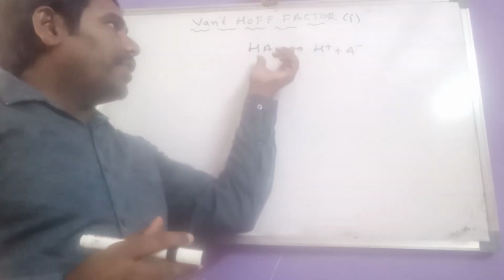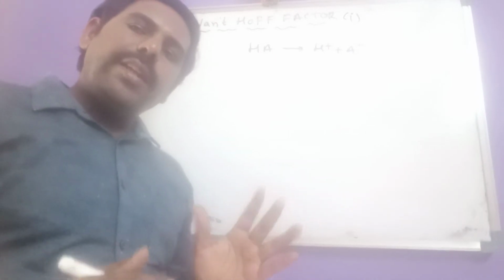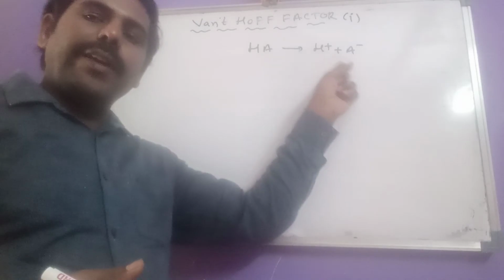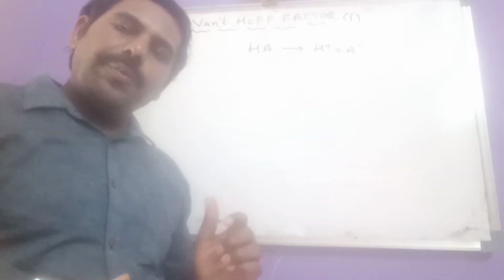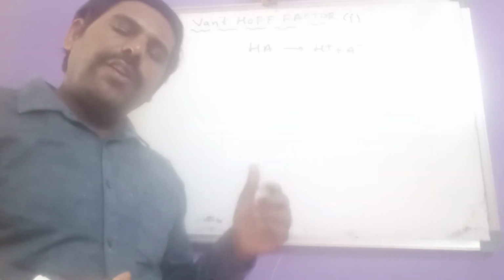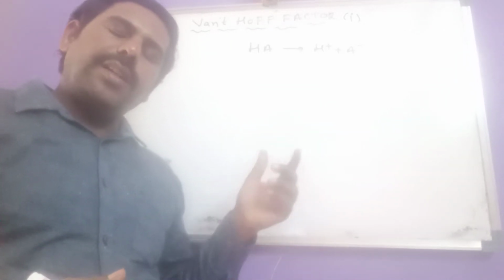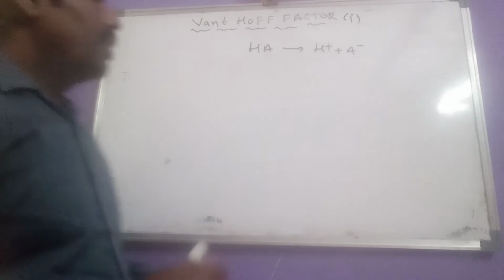But if it is undergoing only 80% ionization, the number of ions produced may not be equal to 2. So how to calculate the i value for weak electrolytes that undergo dissociation? Let us see one example here.